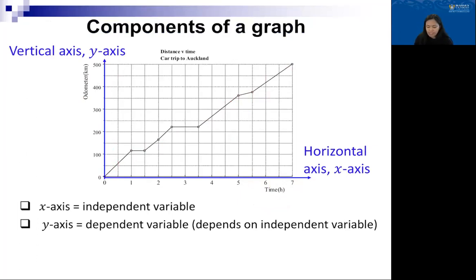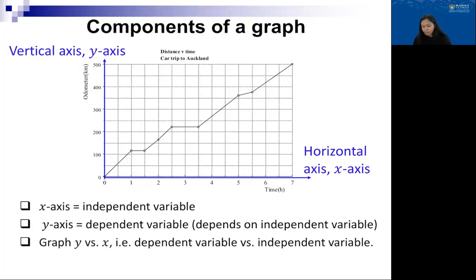So in this case, as time goes on, the distance changes, and therefore the distance traveled depends on the time it took you during the journey. So the dependent variable on the y-axis is the distance covered in kilometers.